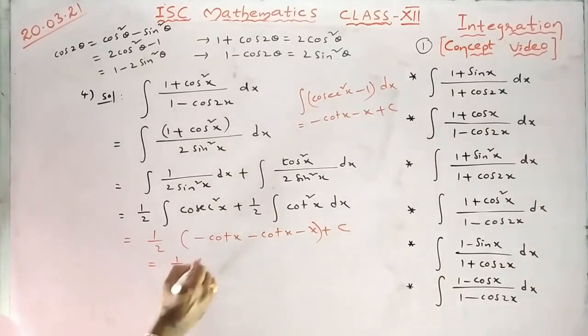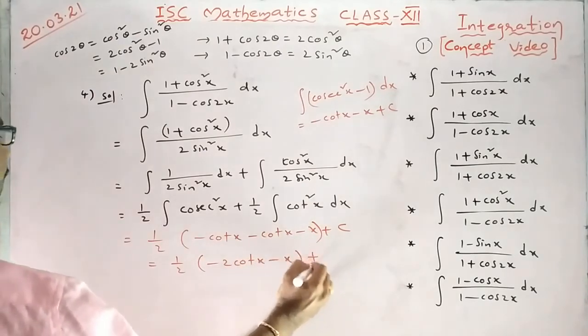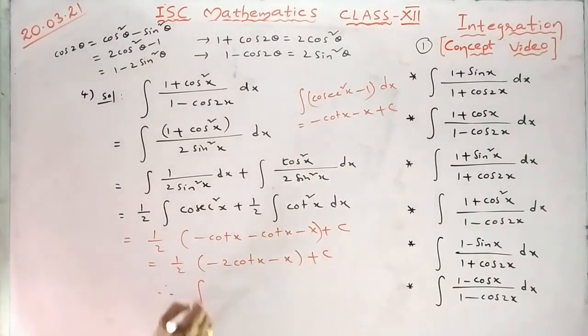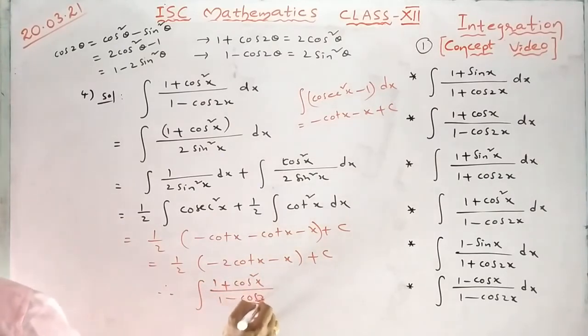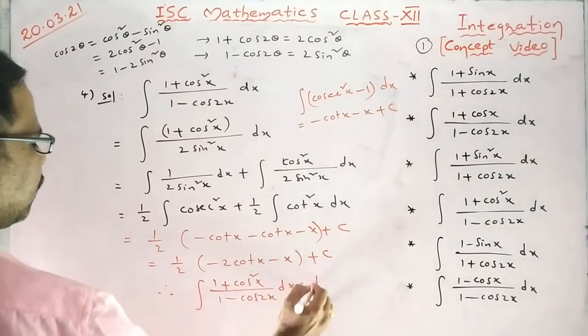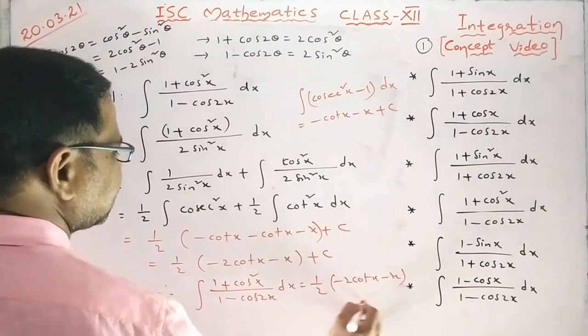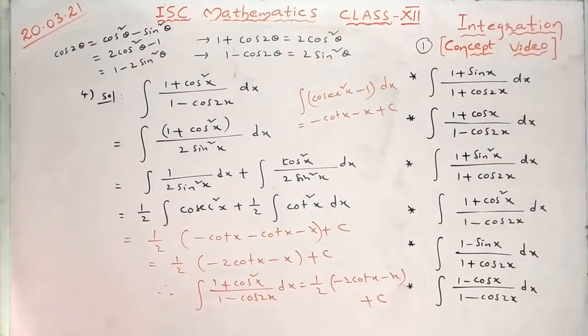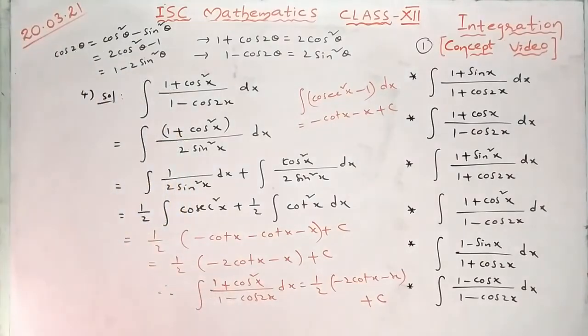So we can write half of minus 2 cot x minus x plus c. So therefore integral (1 plus cos square x) upon (1 minus cos 2x) dx equal to half of (minus 2 cot x minus x) plus c. That is the final answer, right?